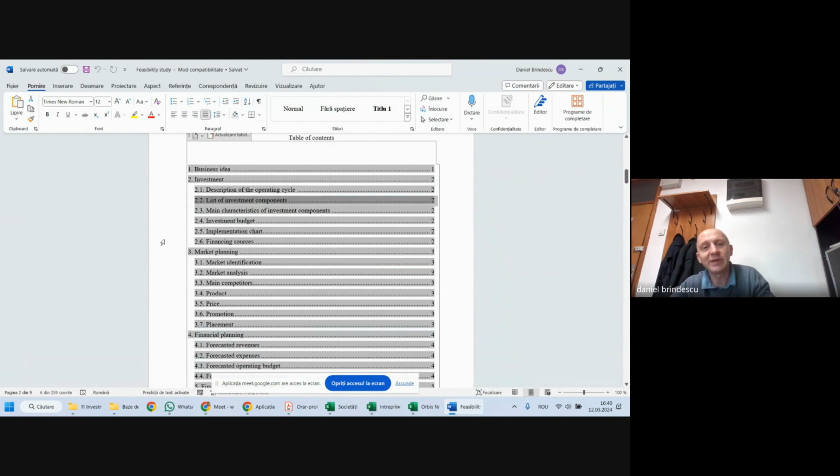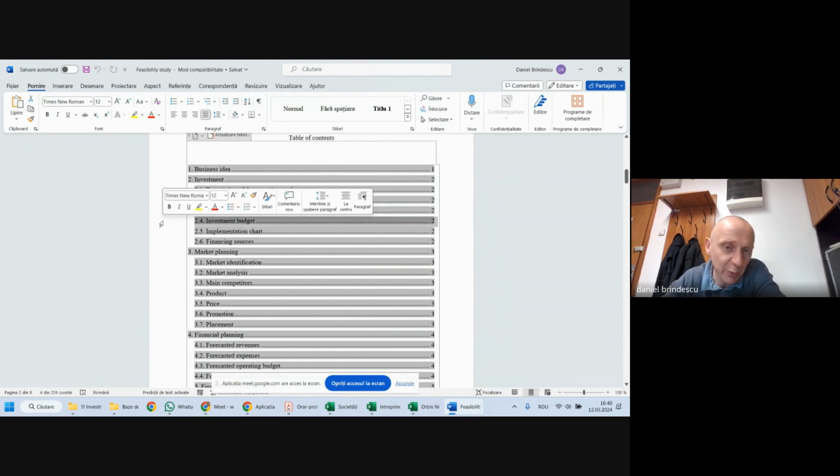Then we have to evaluate the investment components and to be able to get to a budget. The budget, which in the end will look like a simple table, will tell us how much capital we need to invest. Let's say it will be 250,000 euros.